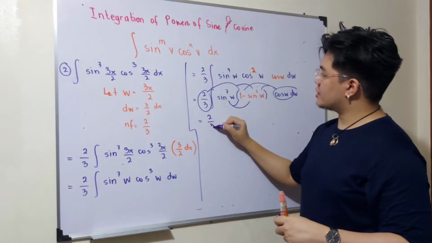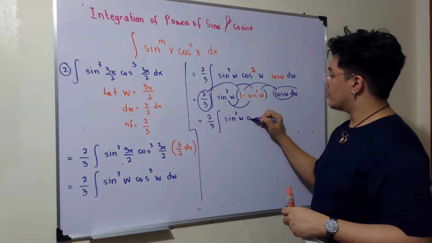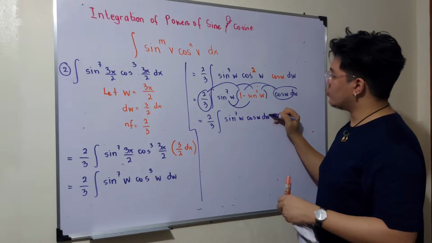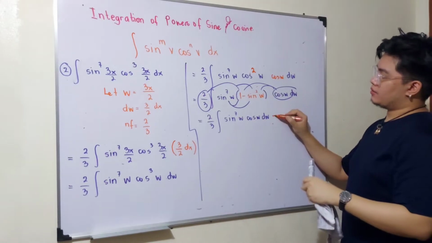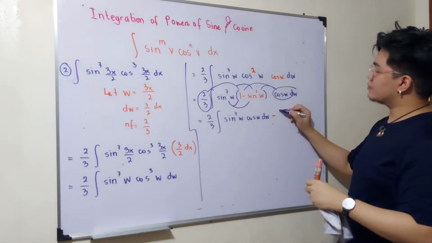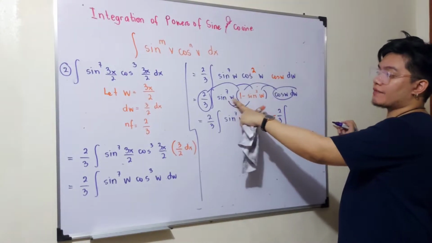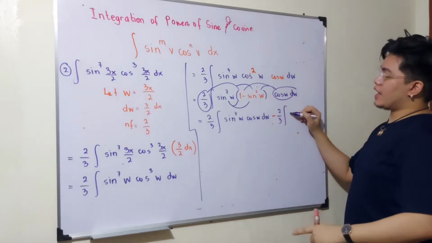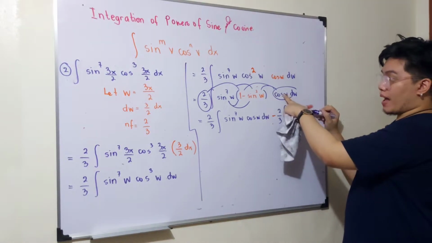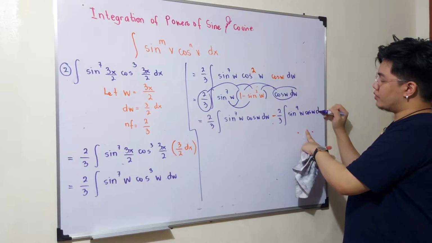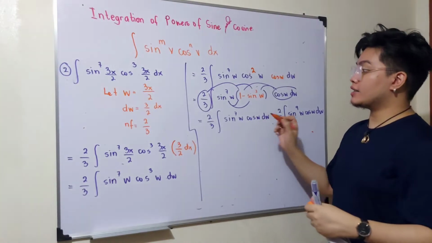We have 2/3 sine raised to 7W cosine W, dW. And then, minus 2/3. Be careful with multiplying. So, sine raised to 7 times sine squared. We have sine raised to 9. And then, ito pa, cosine W, dW. Okay, madali na lang to because this one is u raised to n.